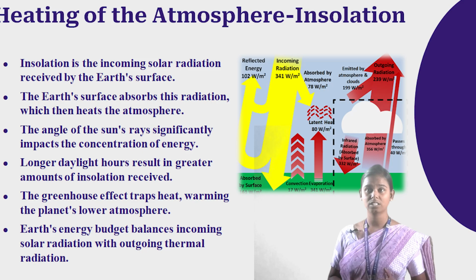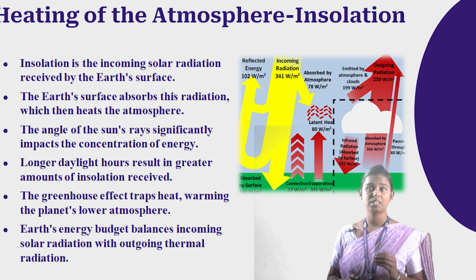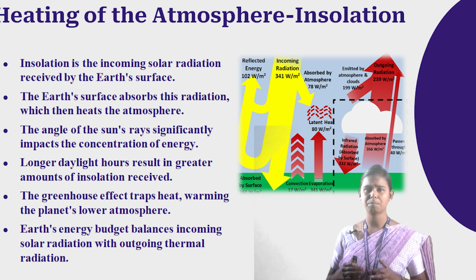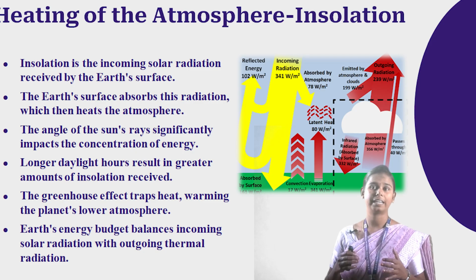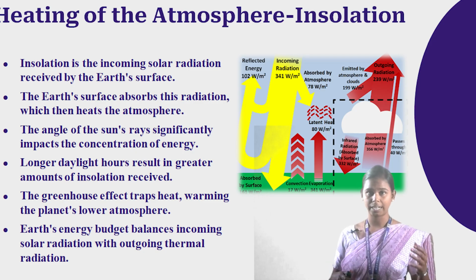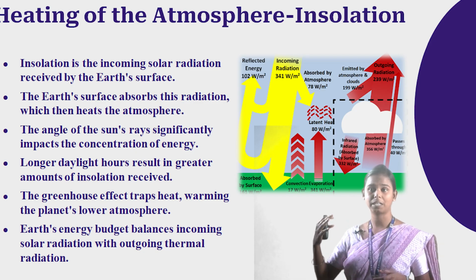Longer day-night hours result in greater amounts of insolation received. The greenhouse effect traps heat, warming the planet's lower atmosphere. So the energy budget balances the incoming solar radiation with the outgoing thermal radiation.